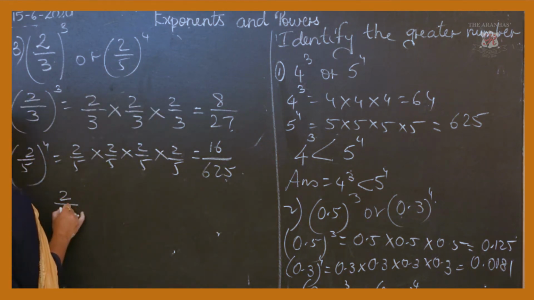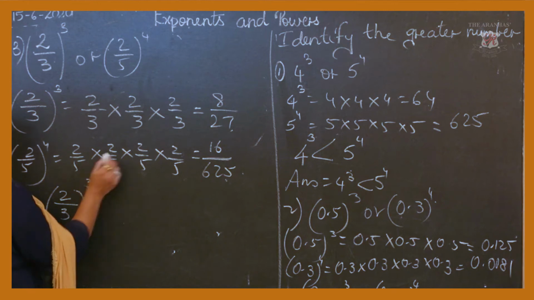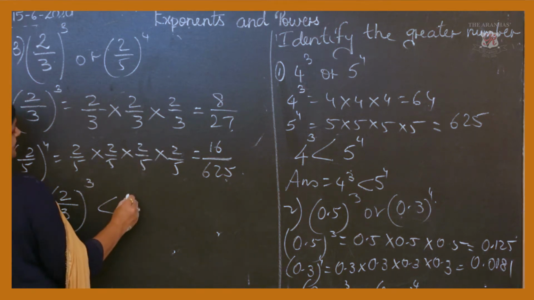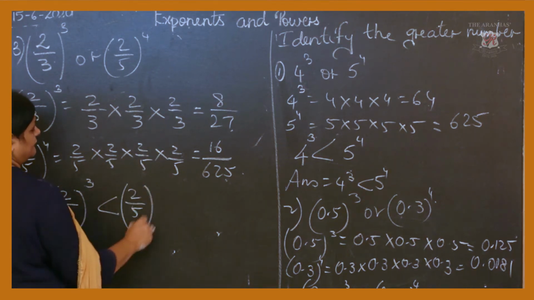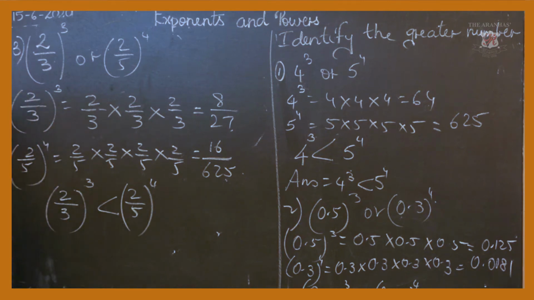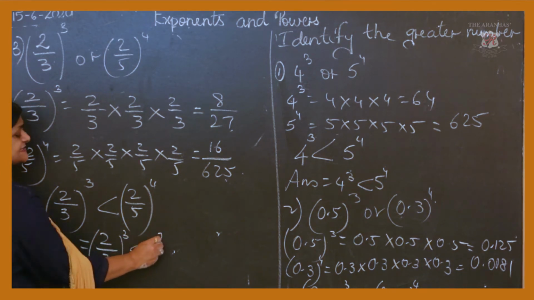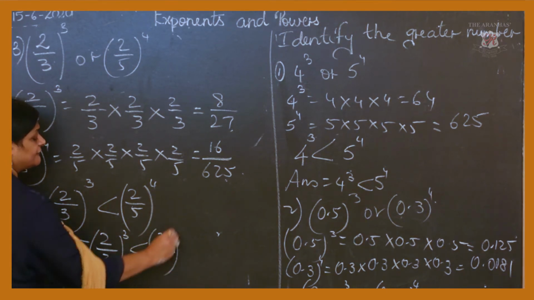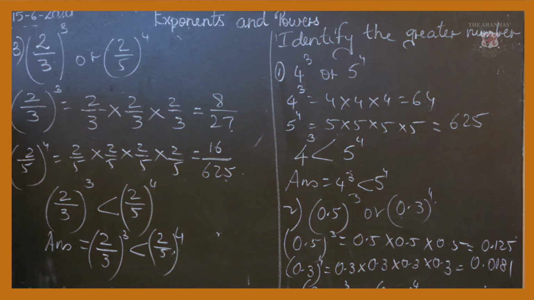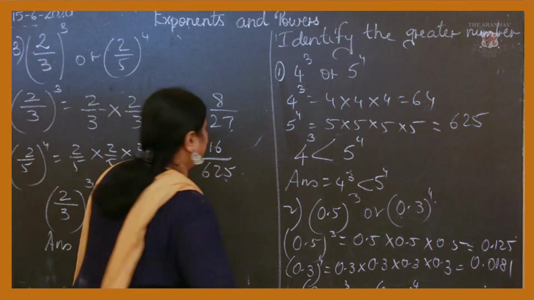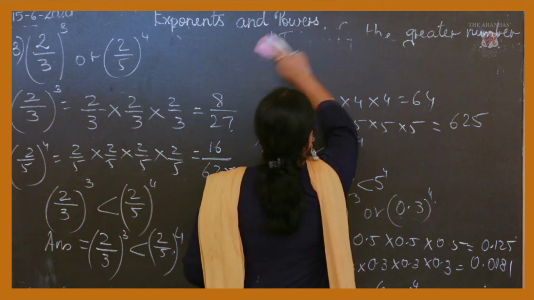So here 2 upon 3, the whole cubed, is less than 2 upon 5 to the power of 4. So this will be your answer: 2 upon 3 cubed is less than 2 upon 5 to the power of 4.